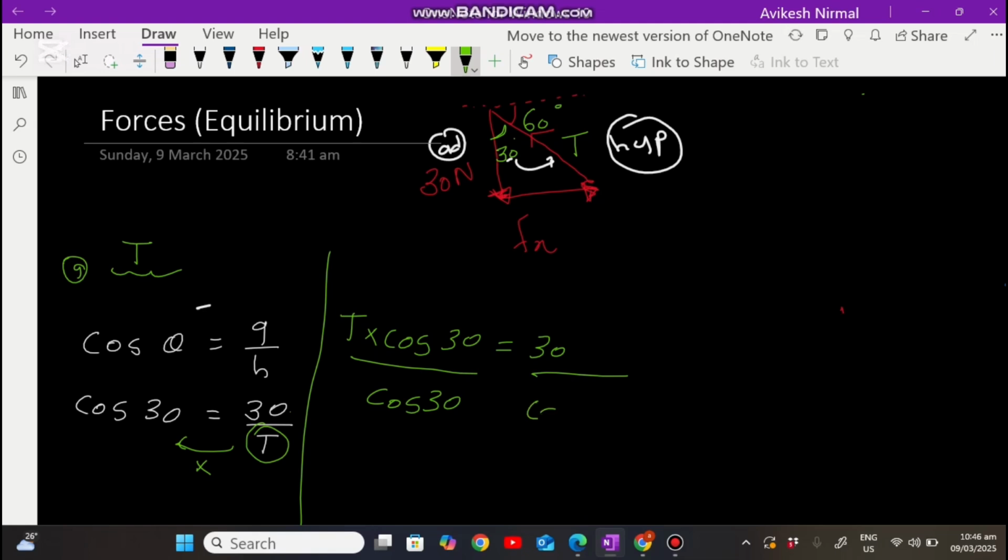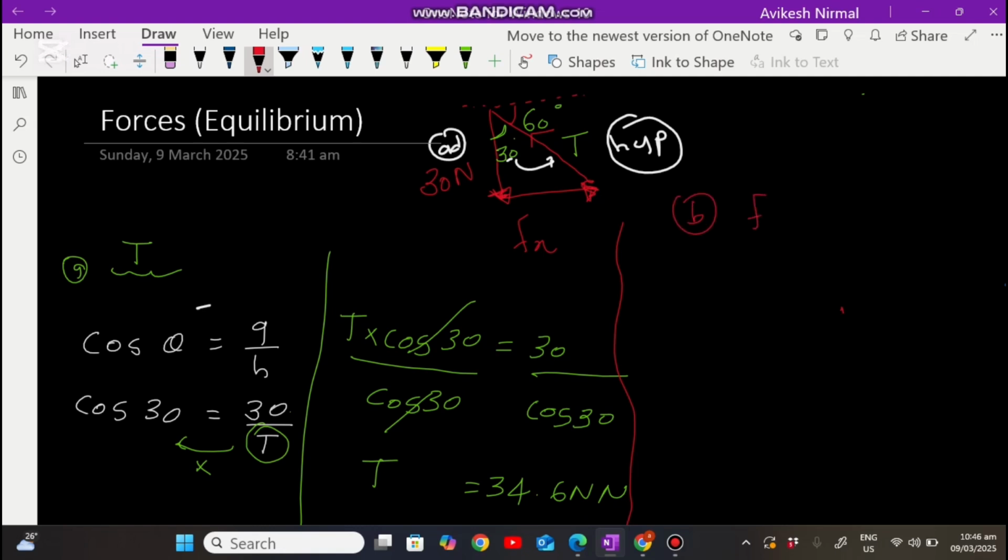So tension is equal to 30 divided by cosine of 30, and I believe the answer, let me just press it, is 34.64 newtons. So that is the value for tension.